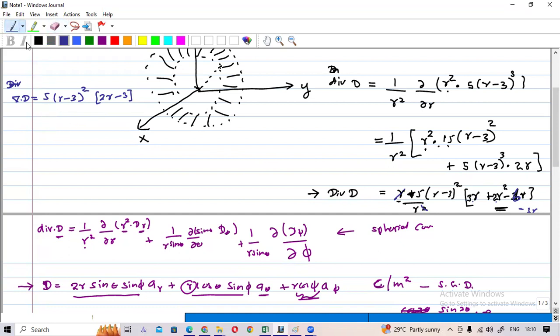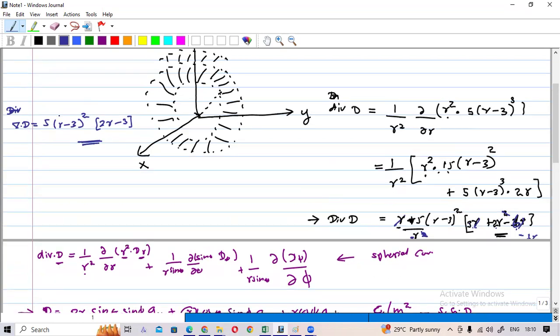Check this. I think the simplification is correct. Again I get 1r here, then there is another r, no? That r cancels out. So we have r here, so I can cut 1r here also. So 6 minus 6 plus 3, it will be minus 3 and plus 2r. So this is the divergence.